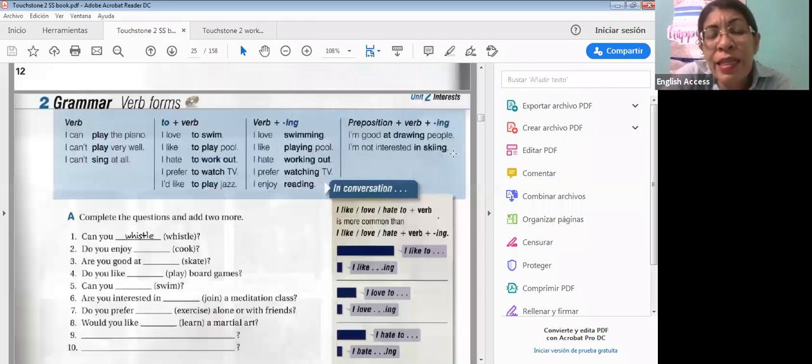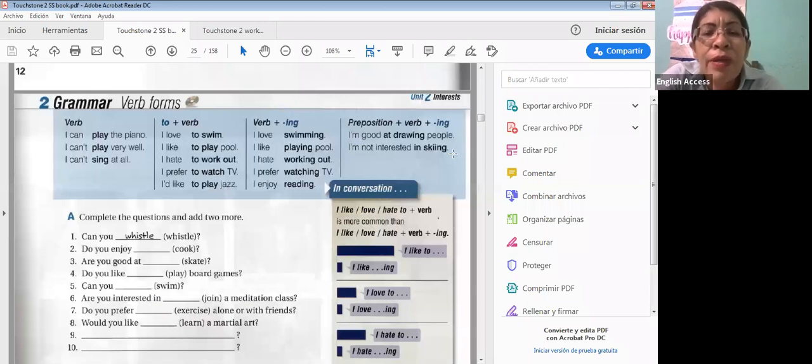And in this case, remember, when we're using would like, we're gonna use the preposition to plus verb. I'd like to play jazz. And with enjoy, the only option is a verb with ing. I enjoy reading, I enjoy cooking, I enjoy playing.